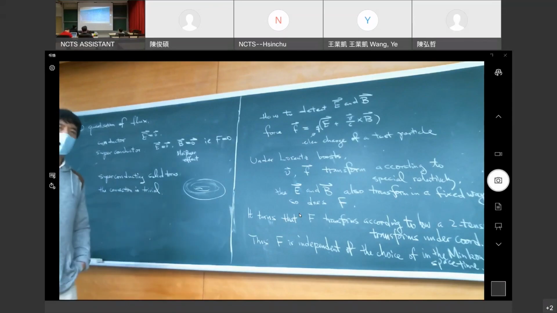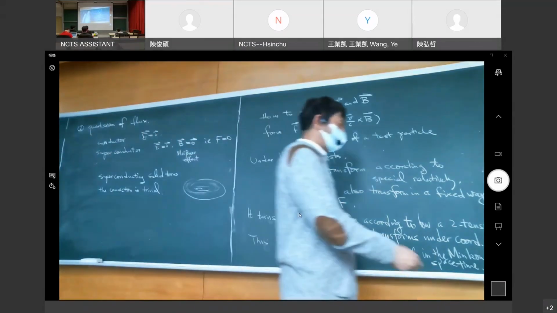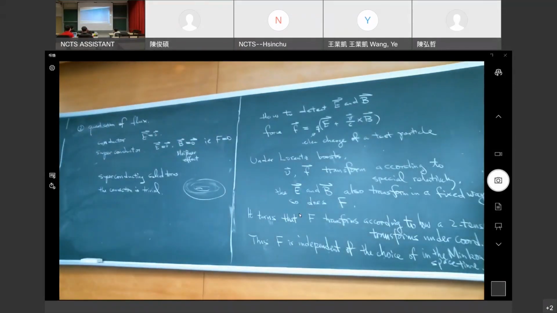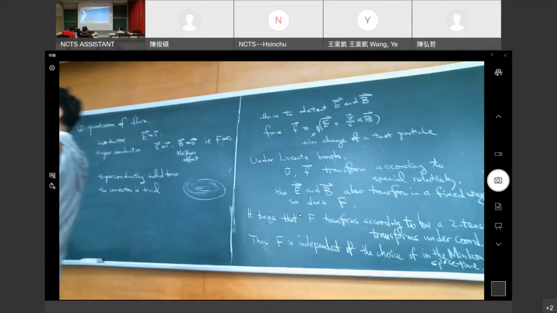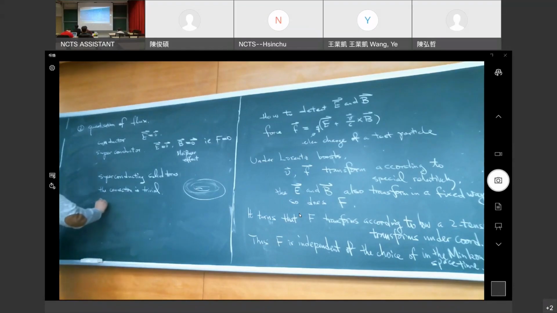Why? By the standard theory of superconductors, electrons form pairs called Cooper pairs. And then there is a field which describes the density of these Cooper pairs. This field turns out to be a kind of mean field.